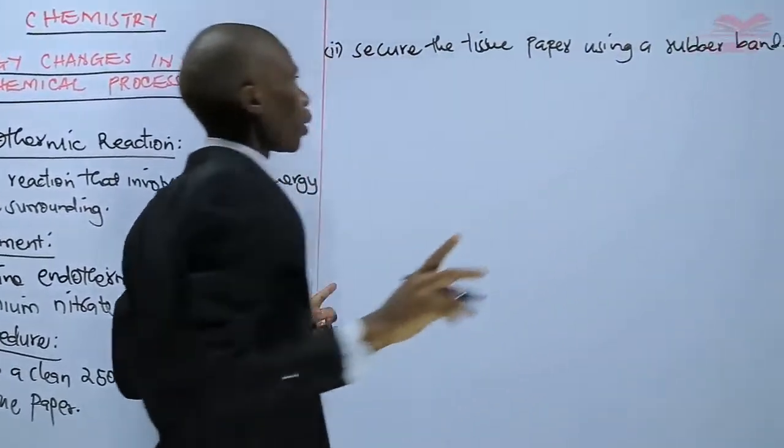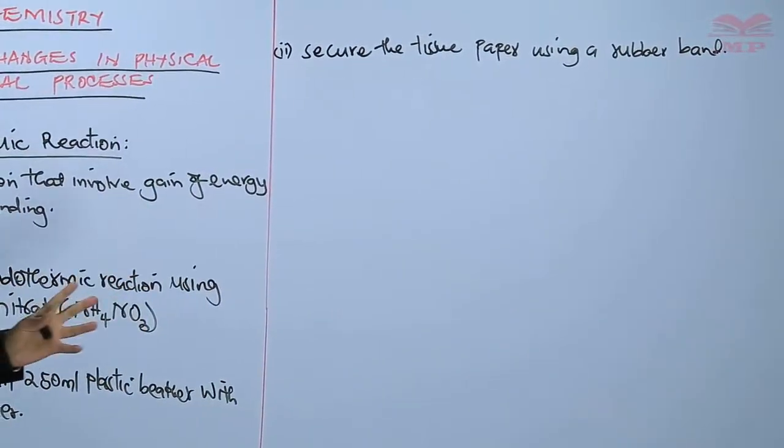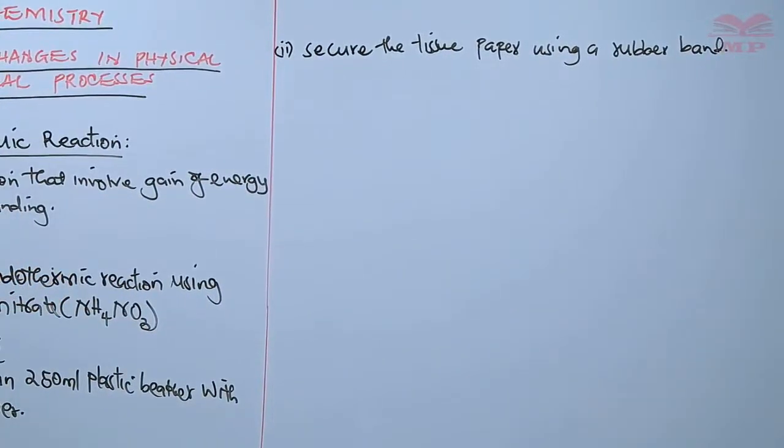So secure the tissue paper using a rubber band. The rubber band is just ensuring the tissue paper remains intact with the plastic beaker. Then our procedure number 3 will be measuring 100 ml distilled water.